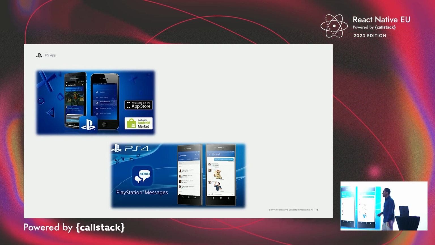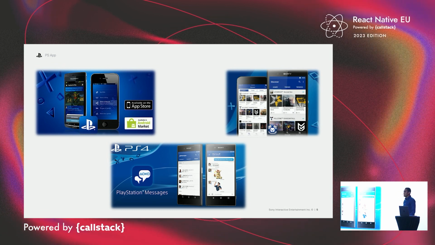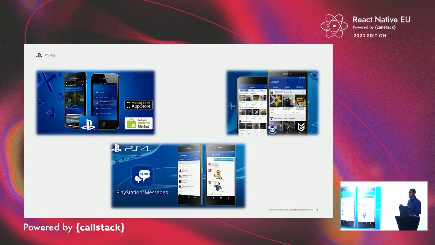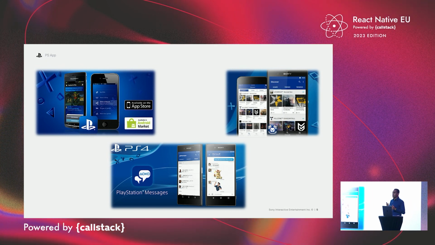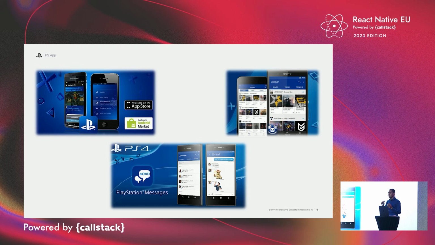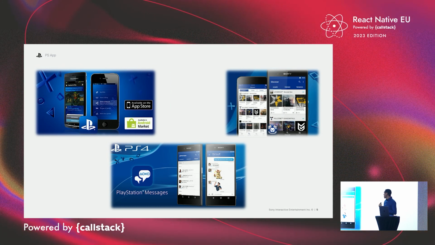And lastly, we had the Communities app, which made sure users would be able to connect across the communities that were important for them and around the games that they were playing.